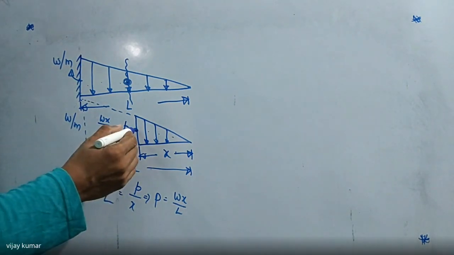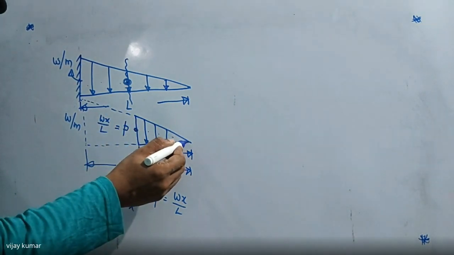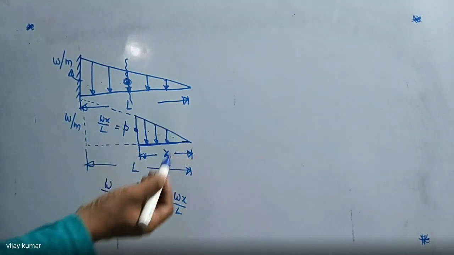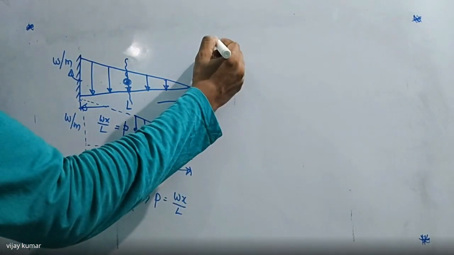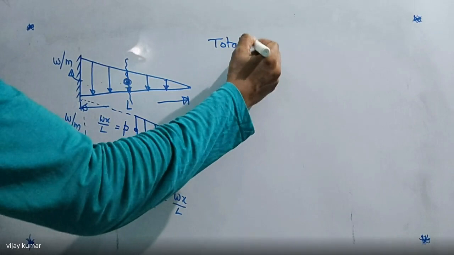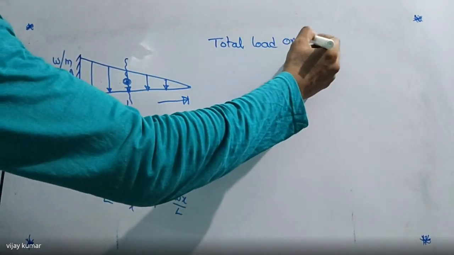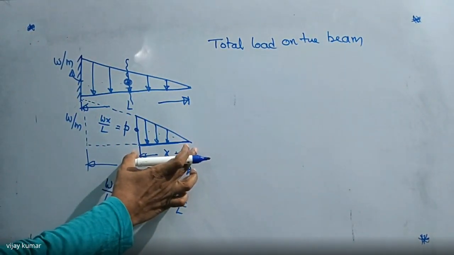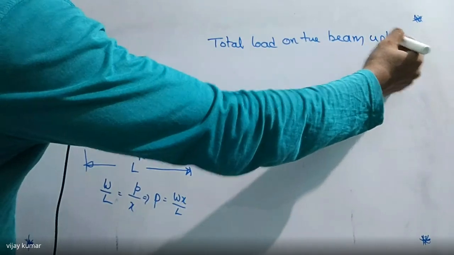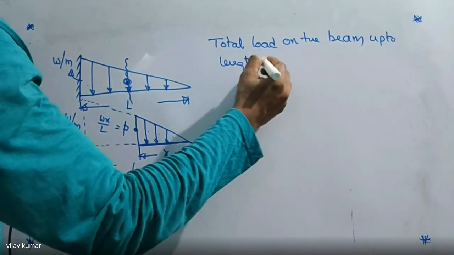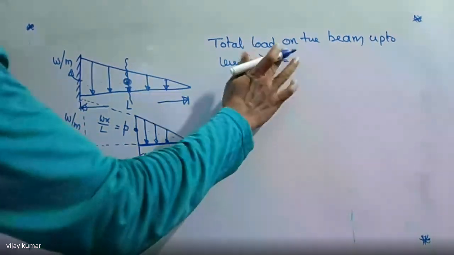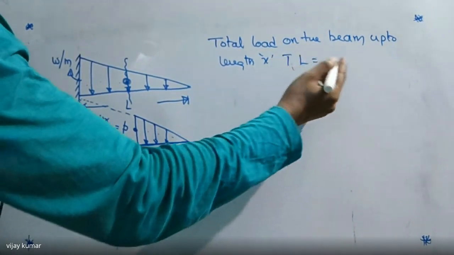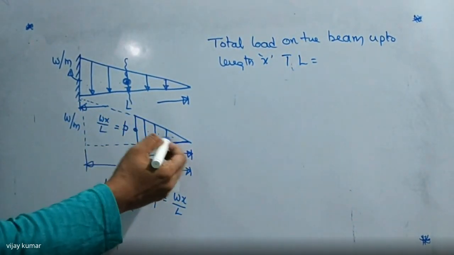Now I want to find the total load on this beam. This load is in the form of a triangle, so the total load on the beam up to a length of x only, total load TL, is equal to the area of this triangle.